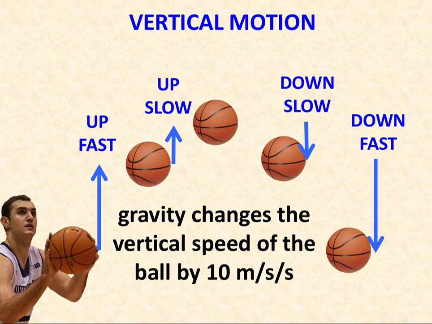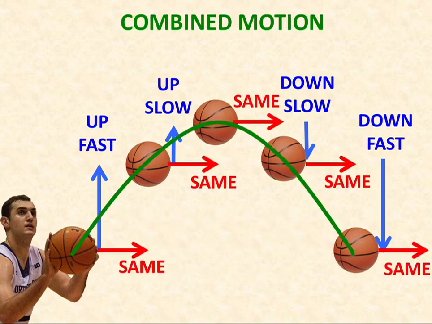Now, remember that the ball is moving both horizontally and vertically at the same time. So let's put all of these arrows together and see what picture we form. The red arrows show the ball moving forward, and the blue arrows show the ball moving up and down. When we combine them, we get a path that is shaped like a parabola.